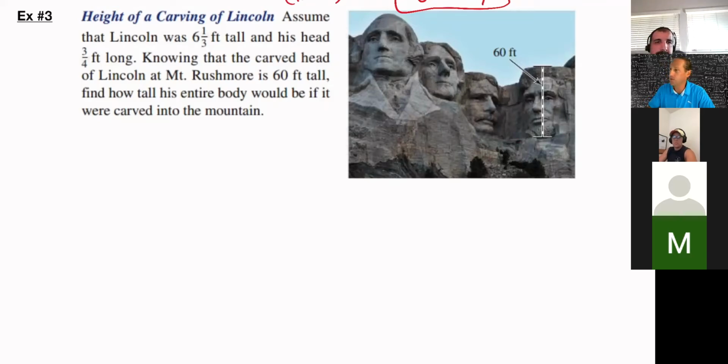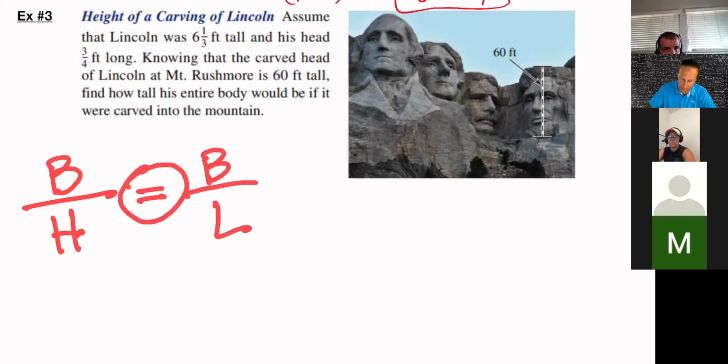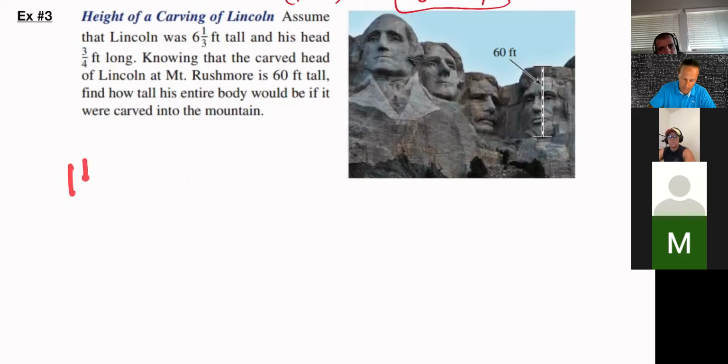Here's the cool thing about similar, whether it's triangles or figures. All we have to do is pick whatever we want. If we want to do the body compared to the head length, then we got to make sure that we do that same over here if they're going to be equal. But if you want to do the head length over the body length, then you could do that as well, as long as you do it equally to the other side.